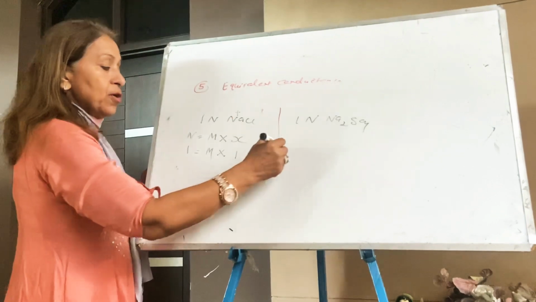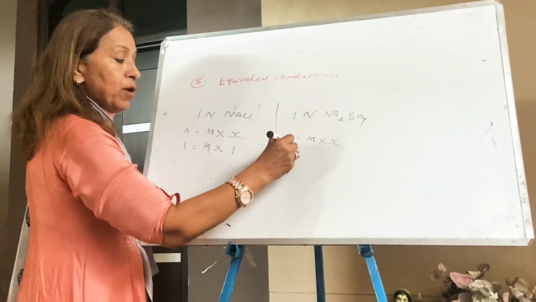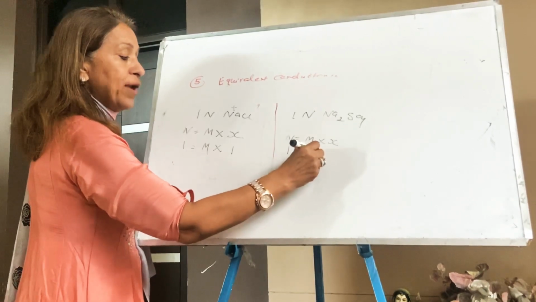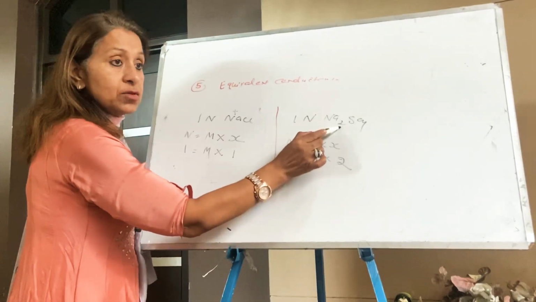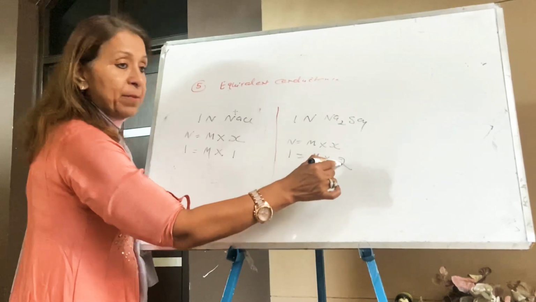On this side, normality is equal to molarity into X. Normality is 1. What about molarity when X is 2? Why is X 2? Because in Na2, 1 sodium plus 1, 2 sodium, 2. This means M is equal to 1 by 2.